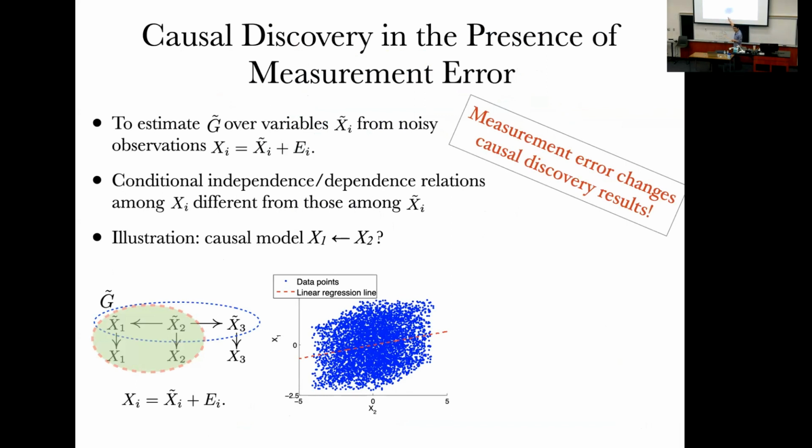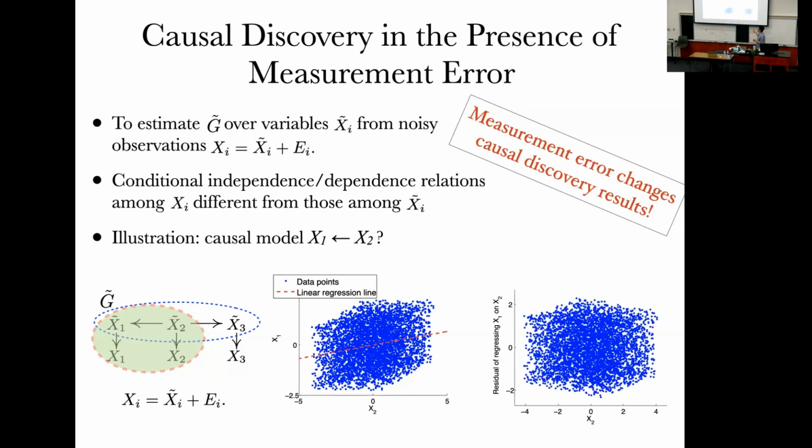Yesterday, I talked about this pattern, right? So now you can see this is the scatter plot of x1, x2. If you have the scatter plot of x1 tilde and x2 tilde, it's a perfect linear model with independent noise. Now, do you still have independent noise? If you look at the scatter plot of the regression error and x2, you can see, are they independent?